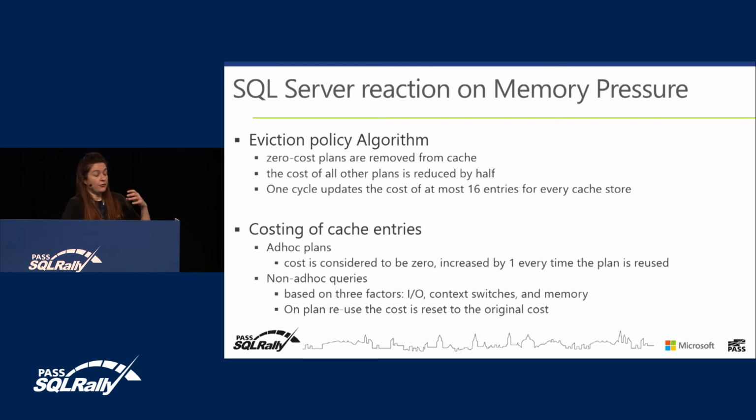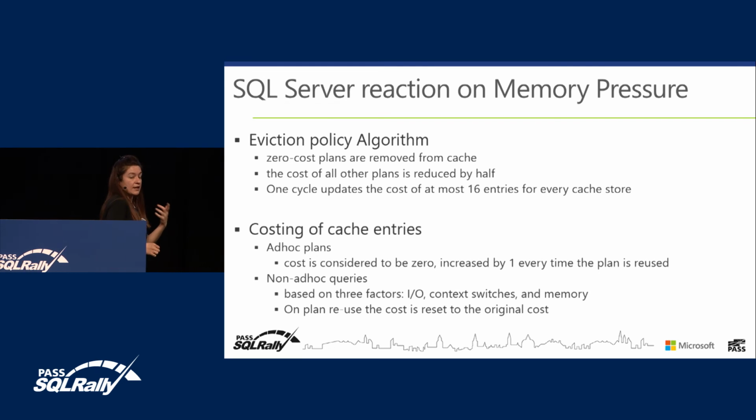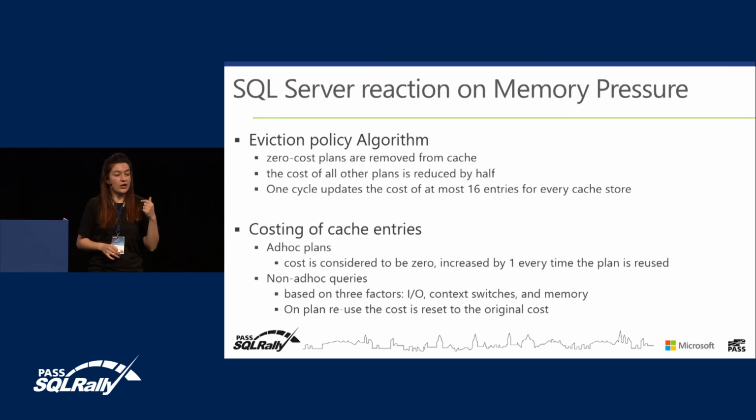For different kinds of execution plans, there are different kinds of costing. Ad-hoc plans cost 0, but other types of plans cost as much as the resources they take to be compiled and saved into memory. The cost is formed by the amount of I/O operations included in the execution plan.